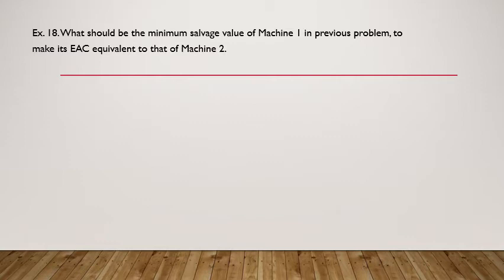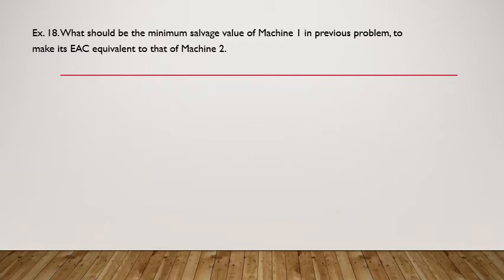Why? The reason could be machine 1 was costly. How to make it equivalent to that of machine 2? The cost of machine 1 must be reduced.